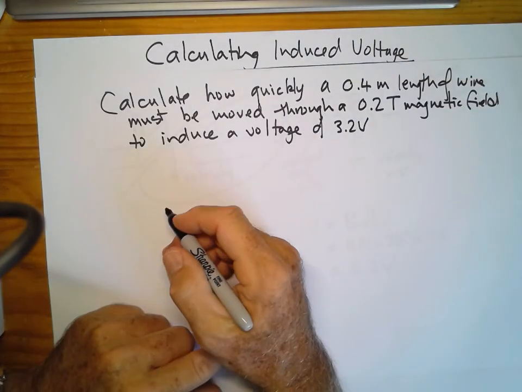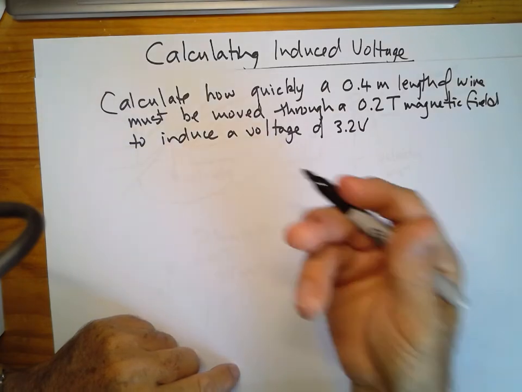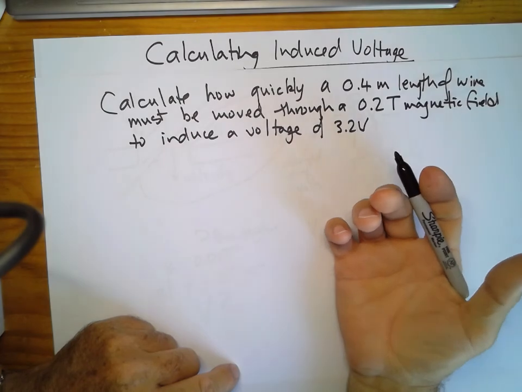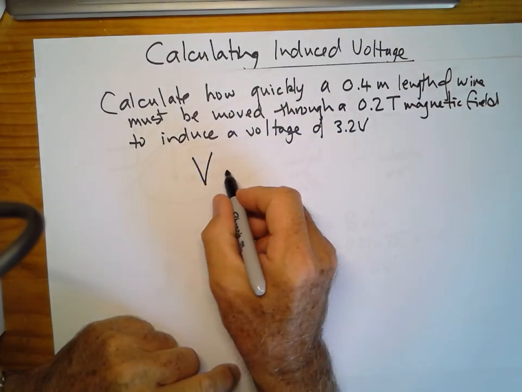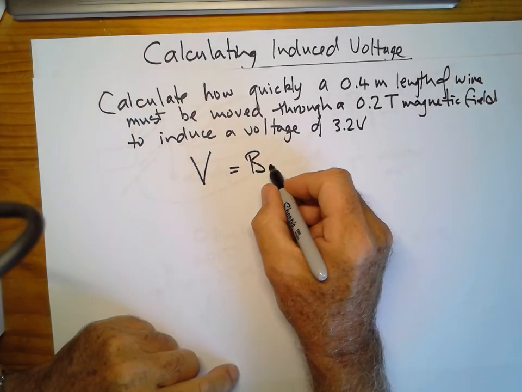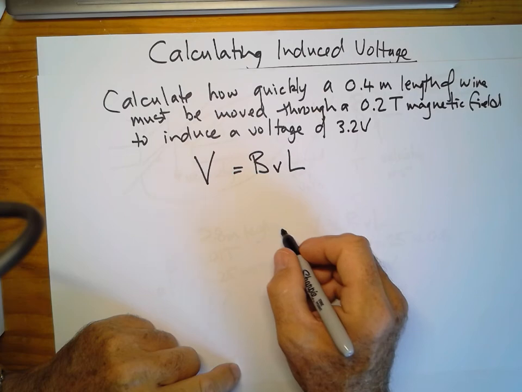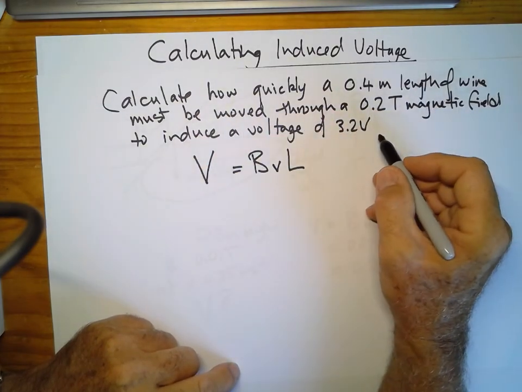Another question: calculate how quickly a 0.4 meter length of wire must be moved through a 0.2 Tesla magnetic field to induce a voltage of 3.2 volt. From our equation, induced voltage is equal to magnetic field times velocity times length, and we want the velocity, how quickly.